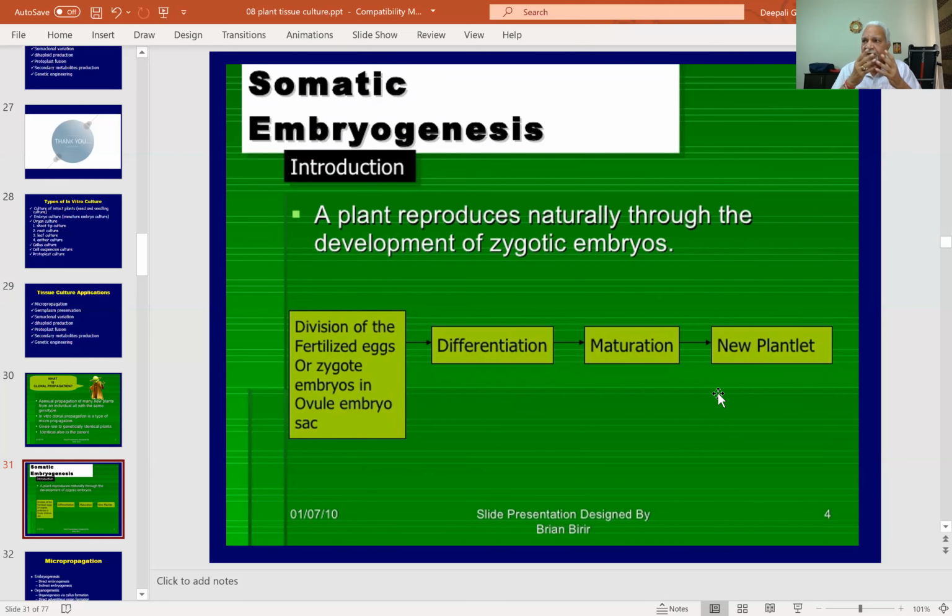As I told you, in sexual reproduction the sex cells fuse, forming a zygote. The zygote undergoes multiple divisions, then differentiation, maturation, and then you get the new plant. So that is the normal zygotic mode of reproduction.